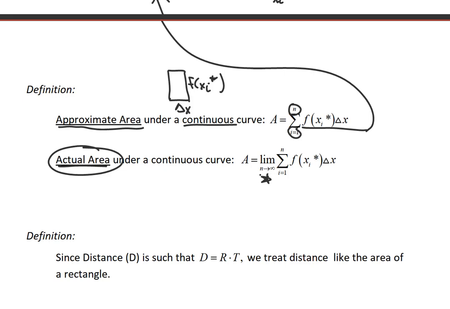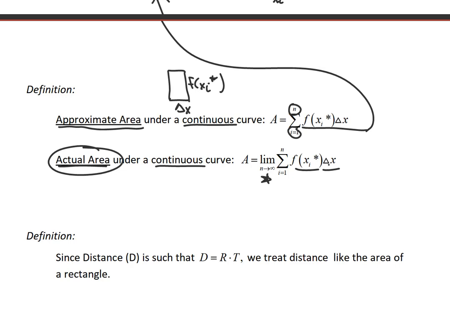But it turns out that the actual area under a continuous curve bound by certain regions can be computed as follows. A equals the limit as n approaches infinity of this same area approximation sigma sum notation: the sum from i equals 1 to n of f of x sub i star times delta x. Again, this is just a base times height calculation. It looks all fancy with the math notation, but it's really nothing more than a base times height.